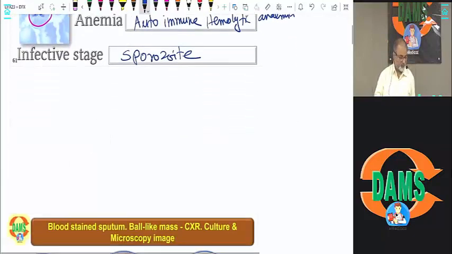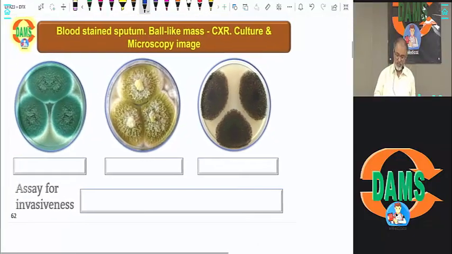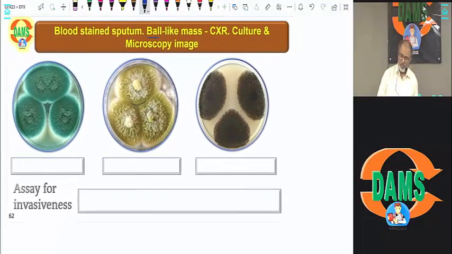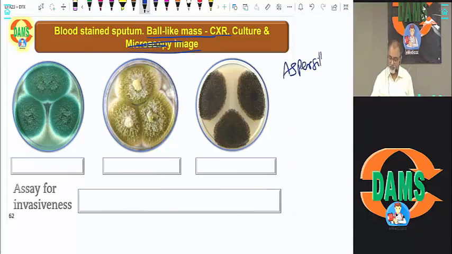Next is blood stained sputum, ball like mass in chest X-ray, culture microscopy image. What is it? Ball-like image, aspergilloma. Everybody knows what it is. Because what color? Black: Aspergillus niger. Excellent.